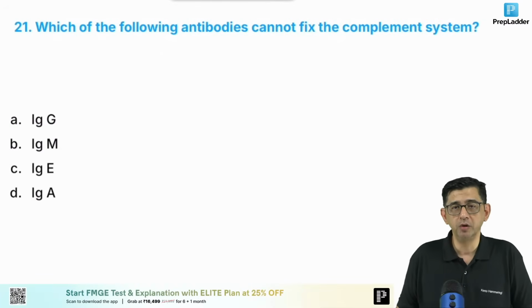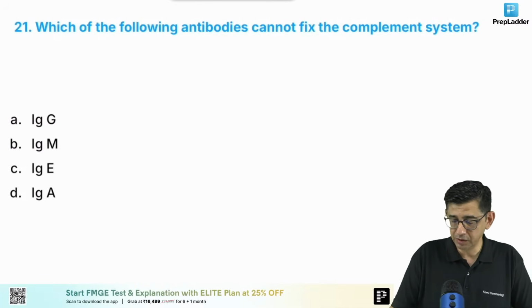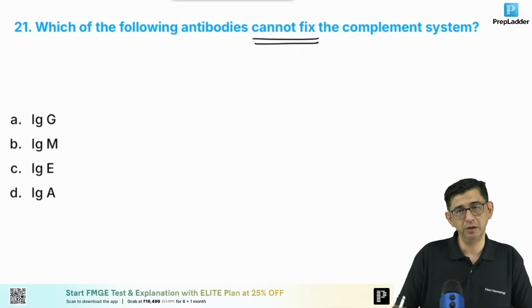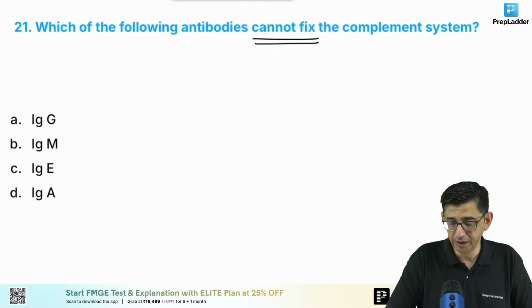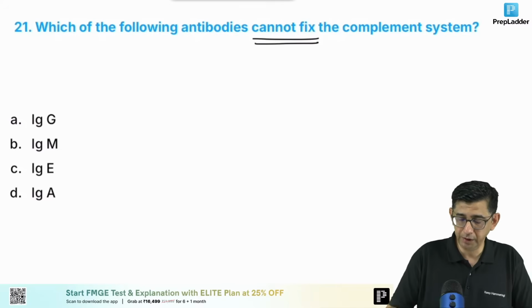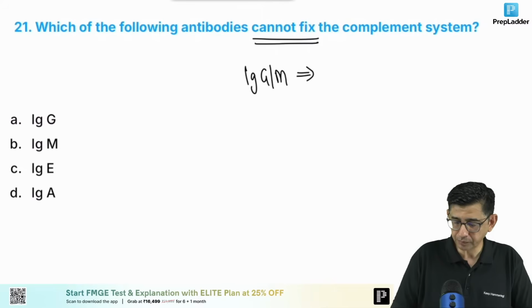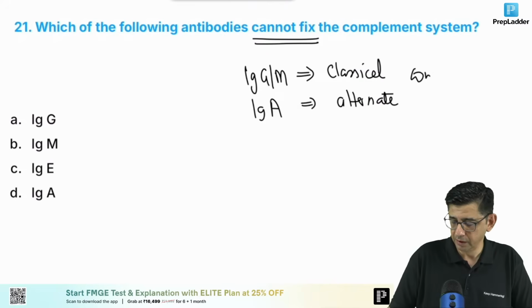So we move out of that part and now talk about antibodies. This question I have already discussed with you in one of the previous questions related to anaphylaxis: all antibodies are able to fix complement, like immunoglobulin G and immunoglobulin M, which activate the classical pathway, and immunoglobulin A, which is able to activate the alternate complement pathway.